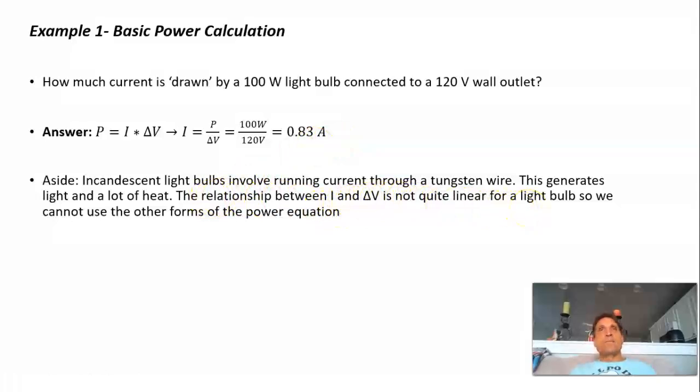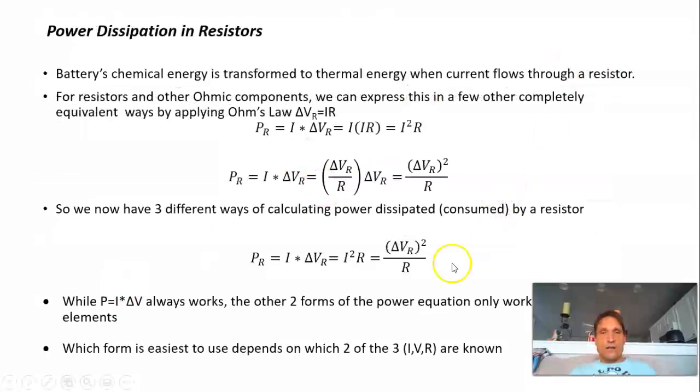So if you're doing light bulb calculations and you try to apply the other two forms of Ohm's law, these later two, they don't really work as well because the light bulb does not follow a linear relationship between the current and delta V, and that's necessary to use Ohm's law. So for light bulbs, we really need to use this first form.